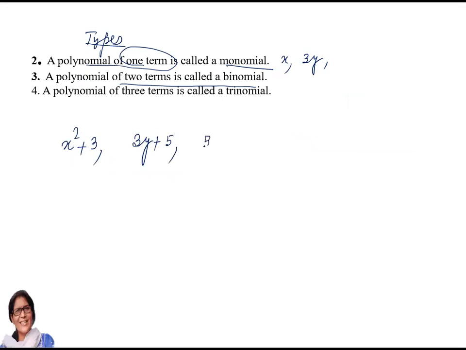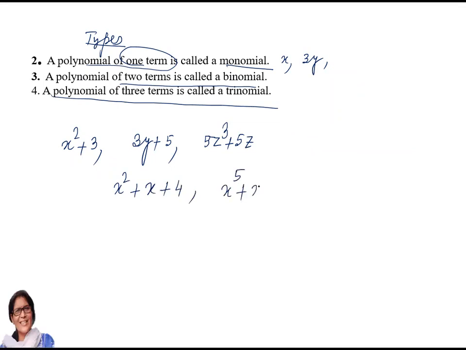Binomial can be 5z cube plus 5z. That is a binomial. And the polynomial having 3 terms is called trinomial. x square plus x plus 4. This is a trinomial. x to the power 5 plus x to the power 3 plus x. This is also a trinomial.